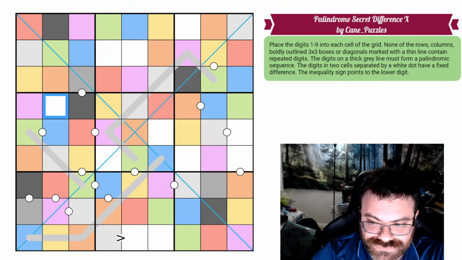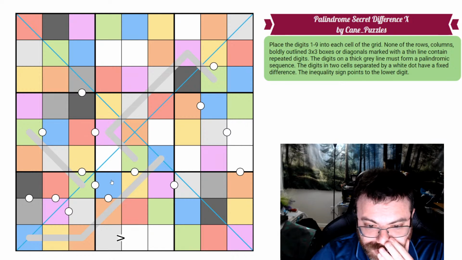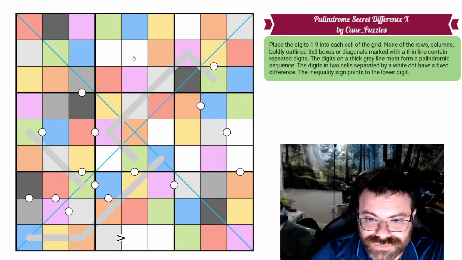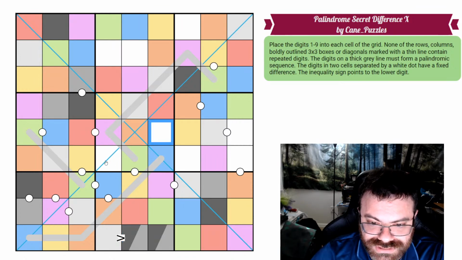Last color in box 4 is dark gray. These are black and dark gray. These are black and dark gray. Black's on the diagonal.